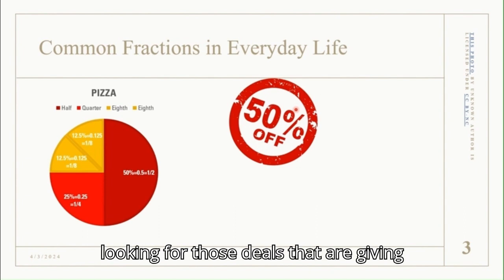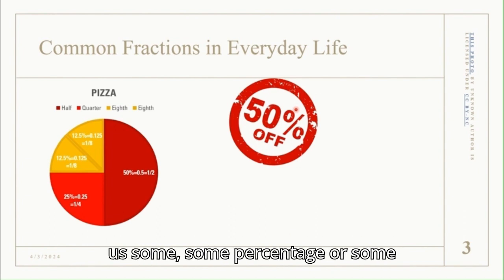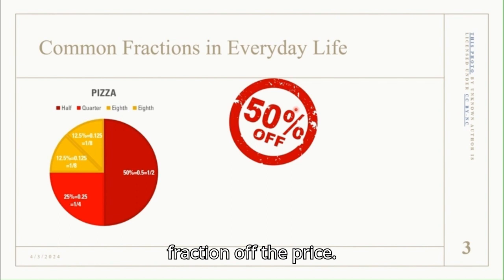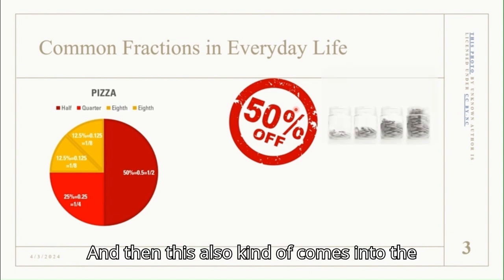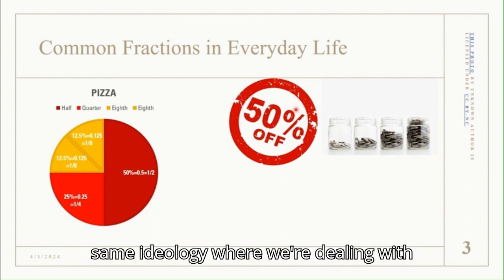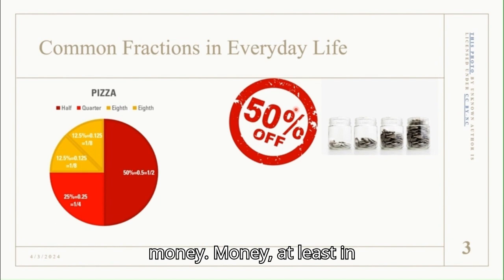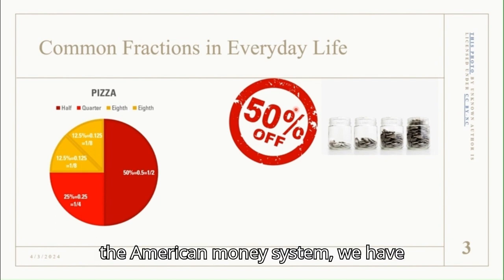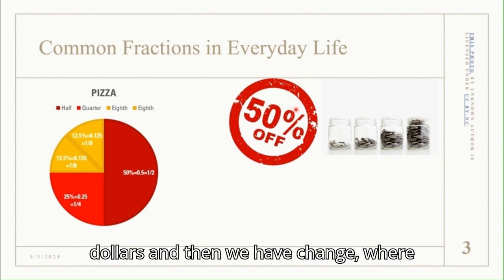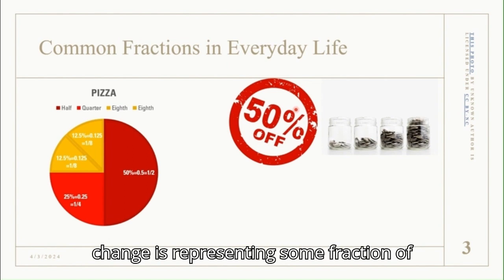We're looking for those deals that are giving us some percentage or some fraction off the price. This also comes into the same ideology where we're dealing with money. Money, at least in the American money system, we have dollars and then we have change, where change is representing some fraction of the dollar.